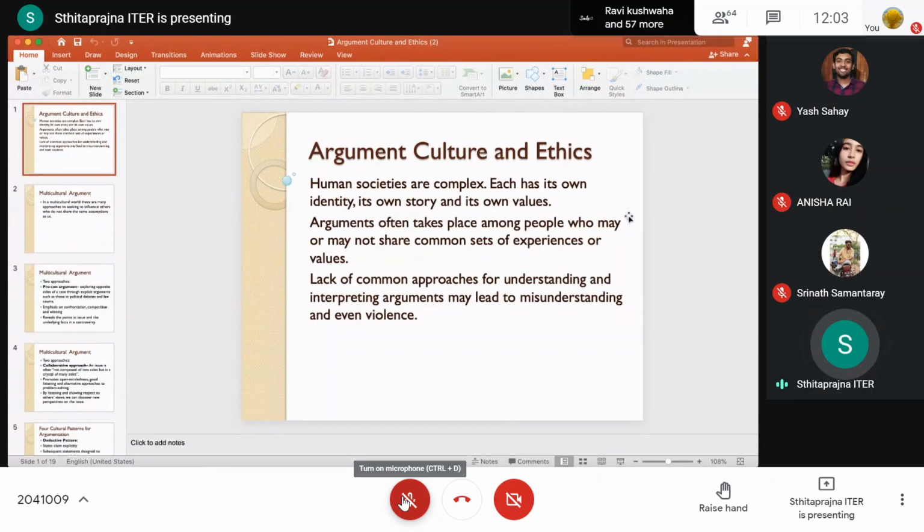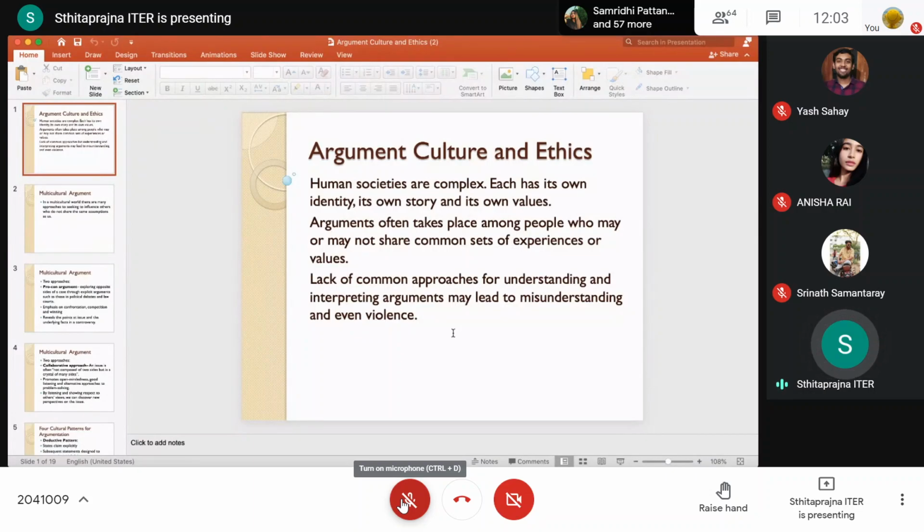So, what is the procedure to make an argument with a multicultural audience? We will be learning about argument culture and ethics in this class, because human societies are complex and each society has its own identity, own story, own value system, and together taken they are called culture.